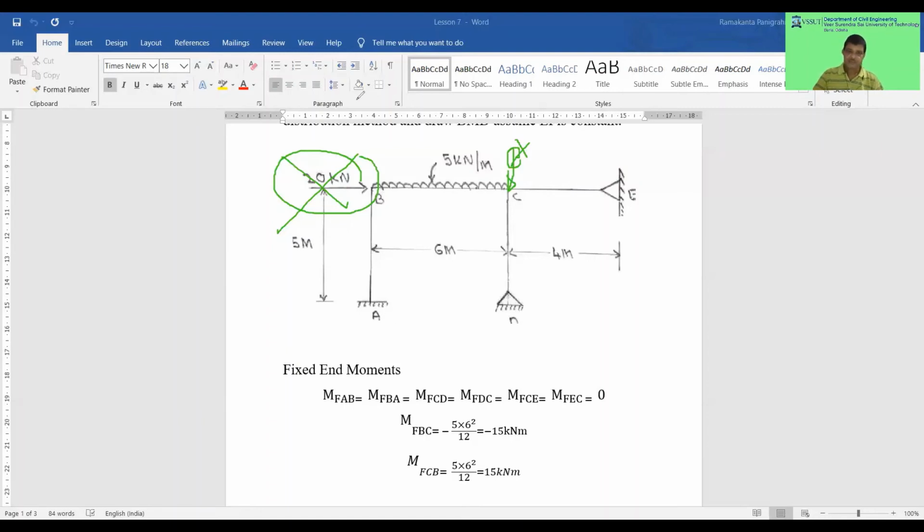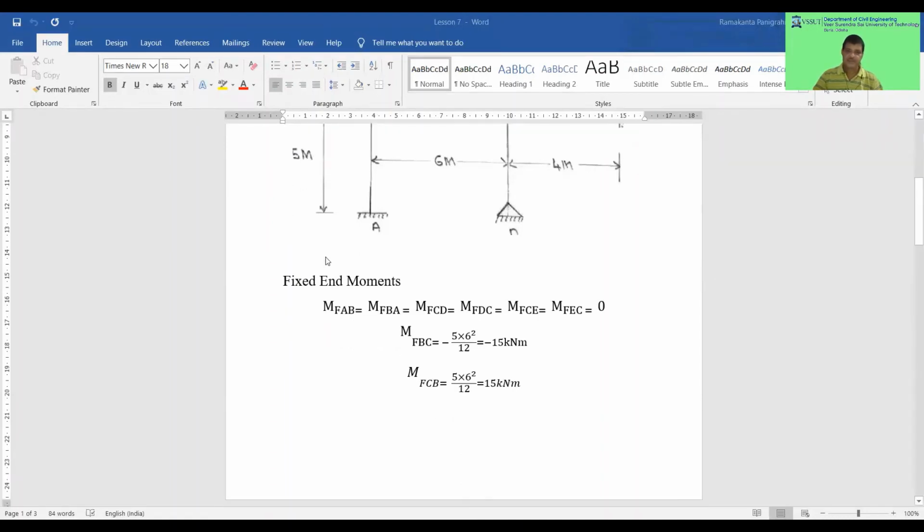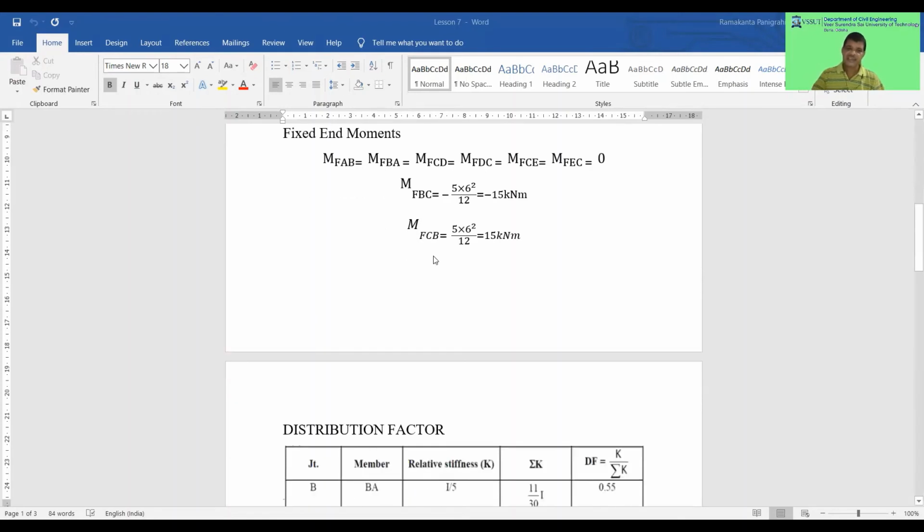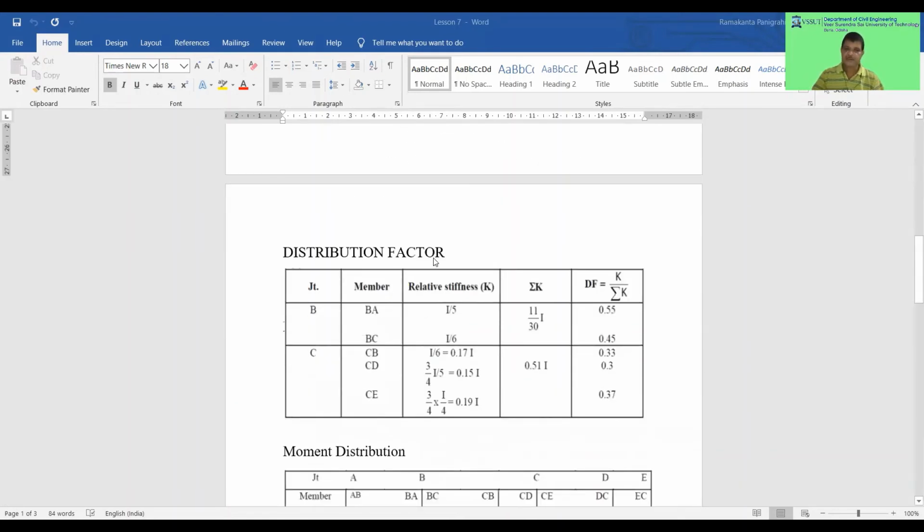Now here, first we find out the fixed end moments. Once you find the fixed end moments, then you go for the distribution factor.